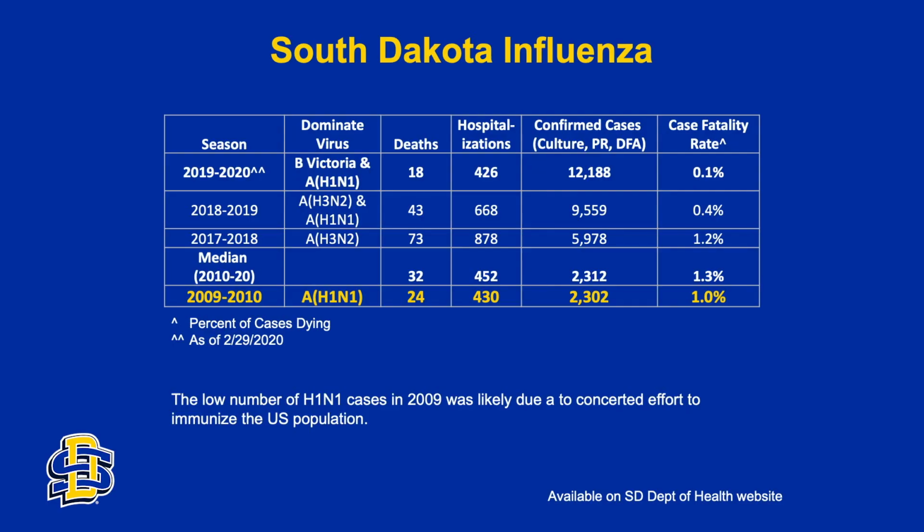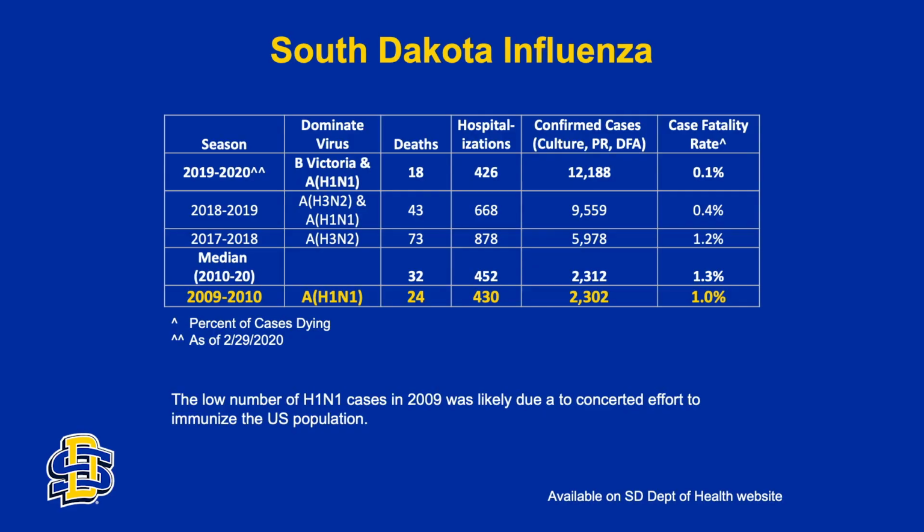And if you look at that data, what you find is that in 2009, when H1N1 came back again, not very many people got influenza that year, partly because there was such a huge effort to vaccinate the population. I mean, everybody geared up. Now, the case fatality rate for flu does bounce around quite a bit depending upon the virus.